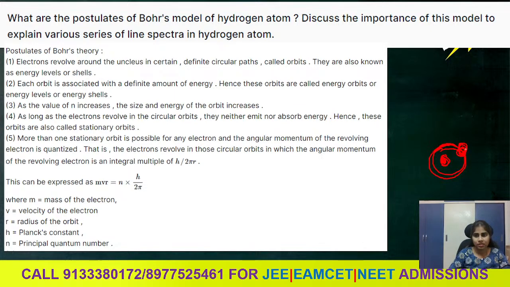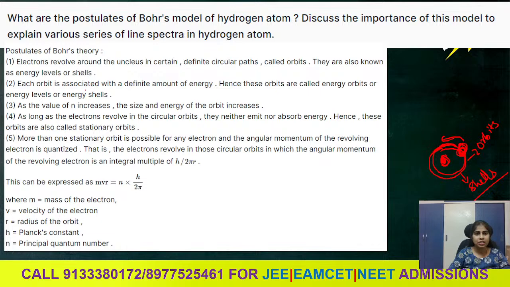They are called orbits, and these are also known as energy levels or shells. So for every element there is a nucleus. This nucleus is surrounded by revolving electrons. Those electrons revolve in circular paths. They are called orbits or shells. So this is the first postulate given by Bohr.